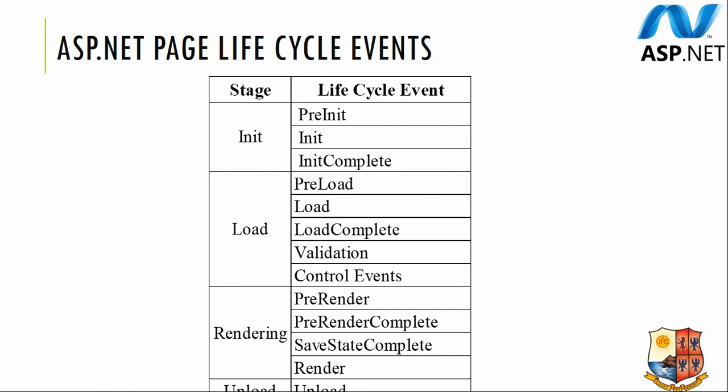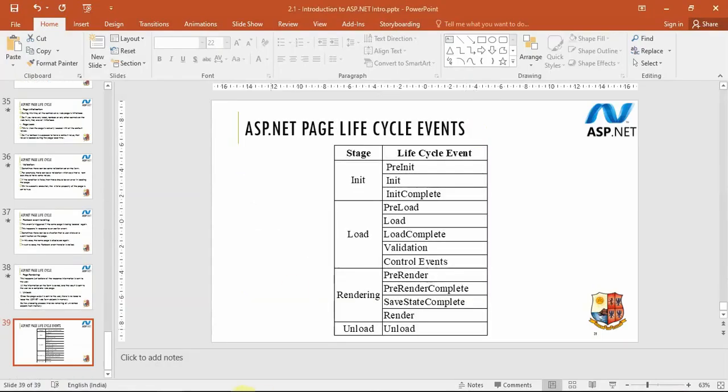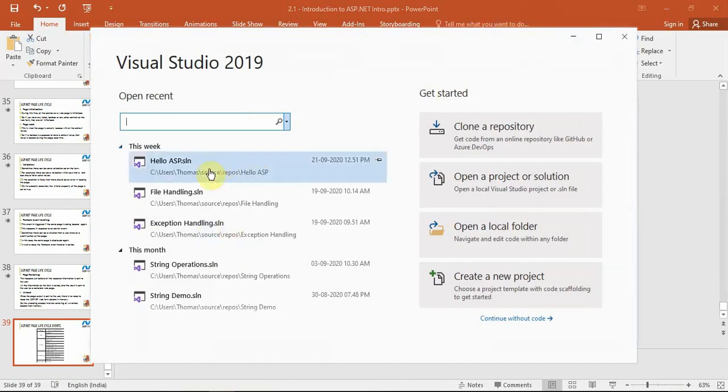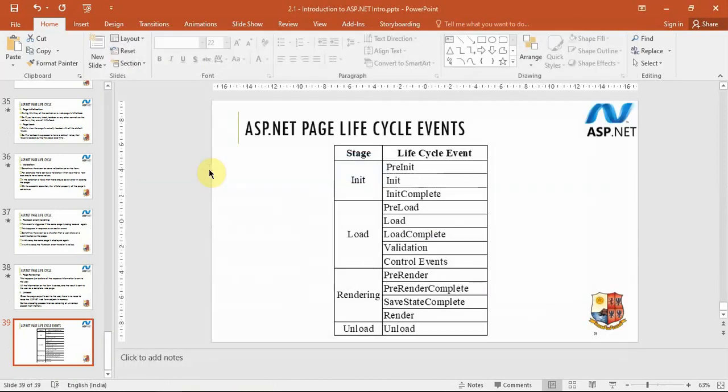Let's get into it. For the last 10 minutes I'll just give you a demo of how to simply use ASP.NET to develop a web application. Let's do that now. I'm going to open the same application which I did in the last class, Hello ASP.